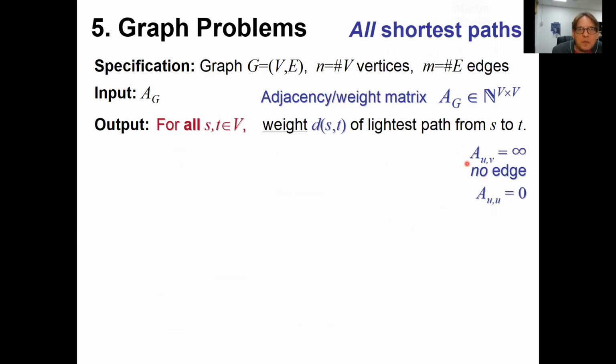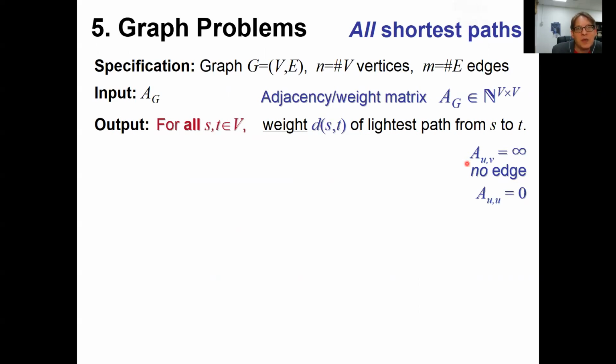And now we want to proceed to our third type of connectivity, quantitative connectivity, namely all shortest paths. We've discussed previously the shortest path from a given start vertex S to a given target vertex T as solved by Dijkstra's algorithm.